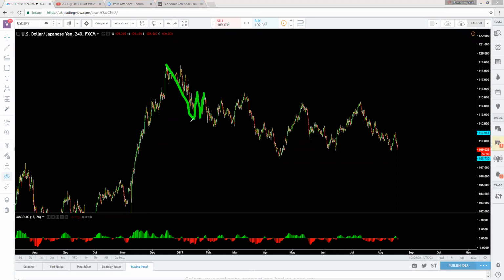You see here, impulse and then a correction. Another larger one. Impulse, and then that correction. Larger one now. Do you see how this just keeps repeating itself as it goes larger?